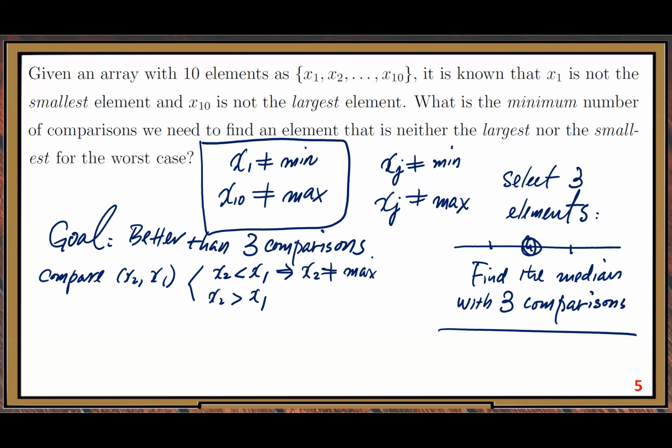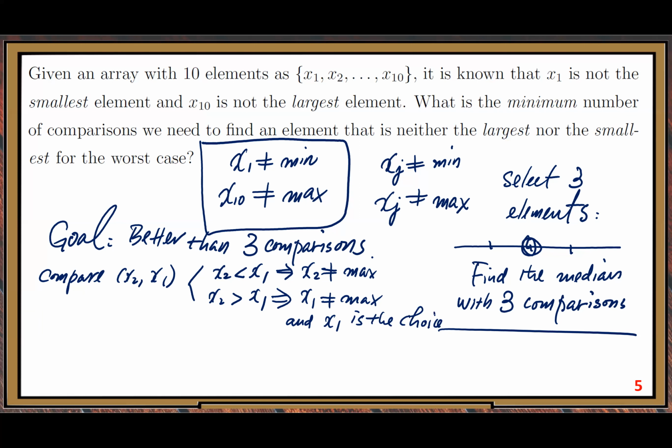If x2 greater than x1, what can we get? Can we get x1 not the maximum, and x1 is the choice?